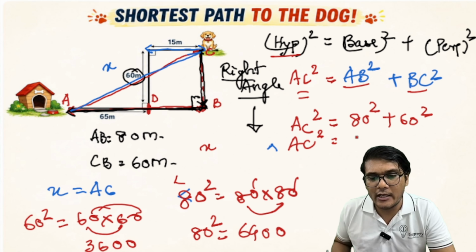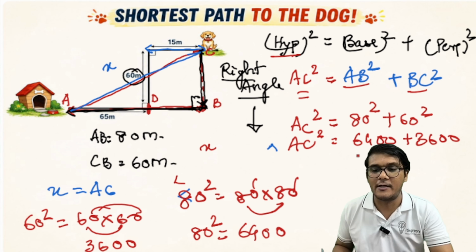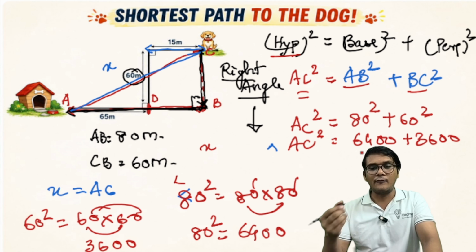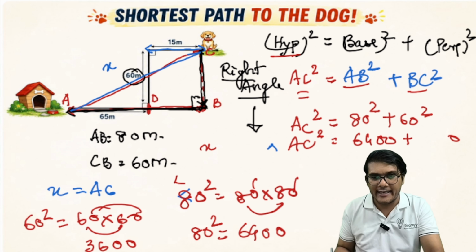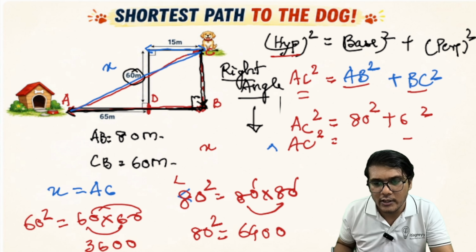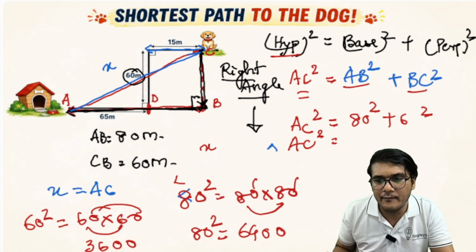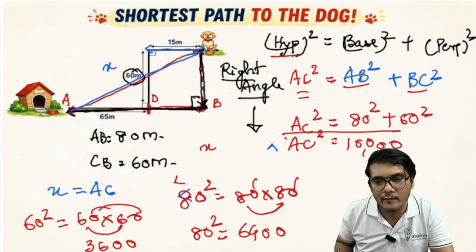So my AC square becomes 6400 plus 3600. Now what is 6400 plus 3600? It is basically 10,000. So my AC square is 10,000.